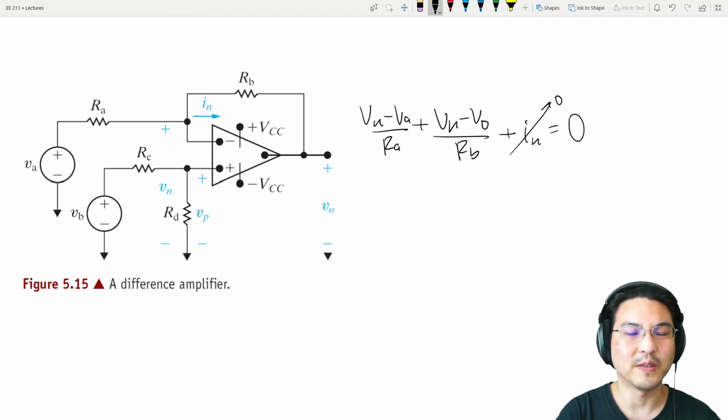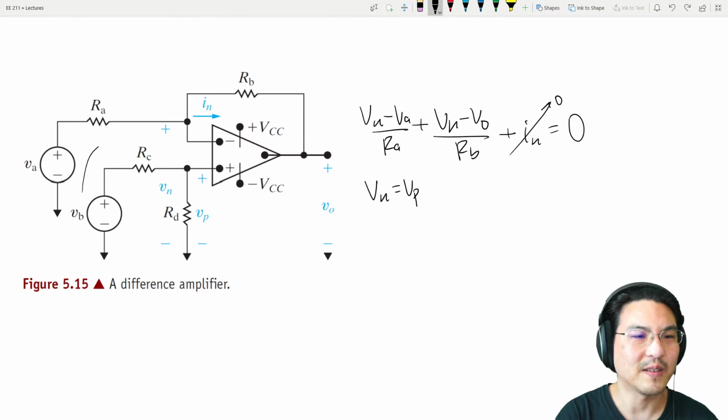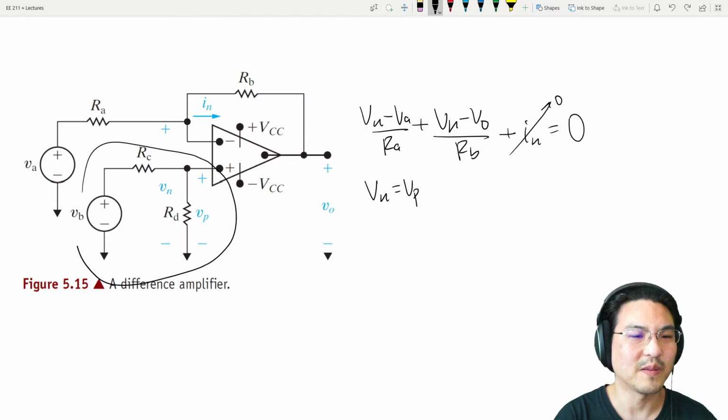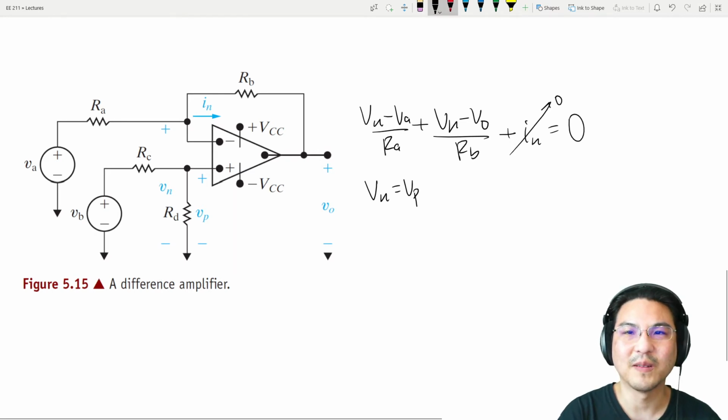And also for an ideal op-amp, the voltage here is the same as the voltage here. Vn equals Vp. Okay, what is the voltage here? Let's just focus on this part right here, and let me draw the current.